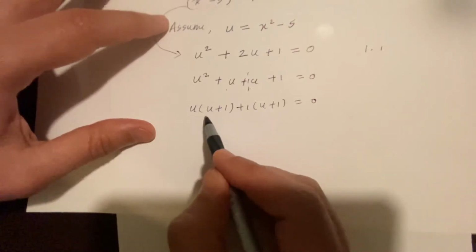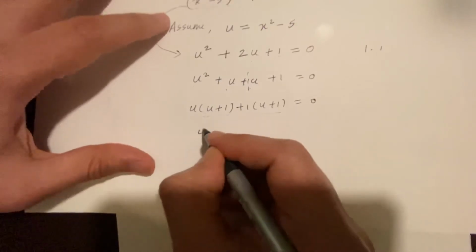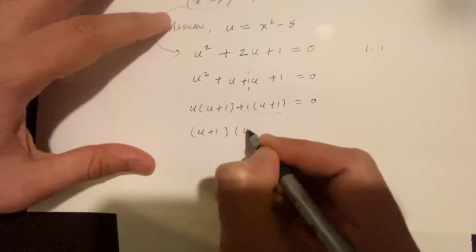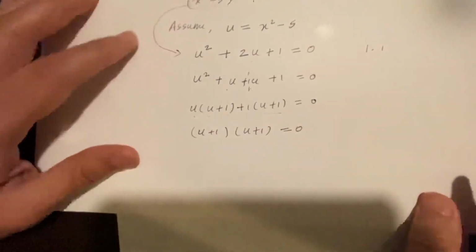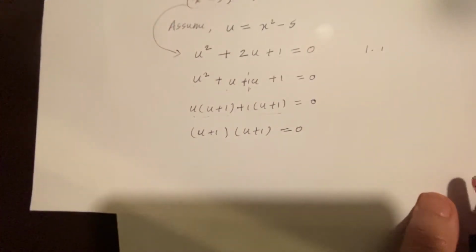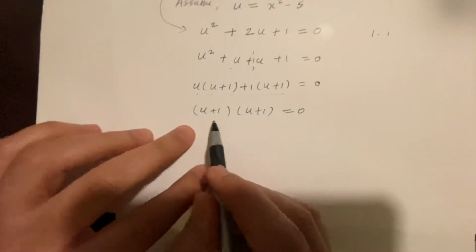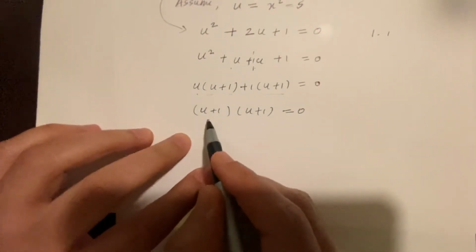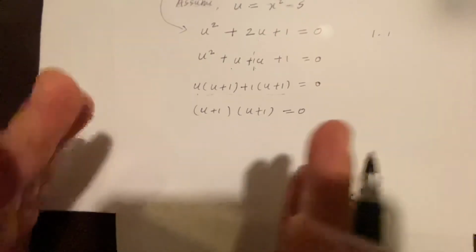So these are common, and we factor out u plus 1, and the remaining term is u plus 1, equals 0. So either u plus 1 equals 0 or u plus 1 equals 0, and from both you get the same thing.